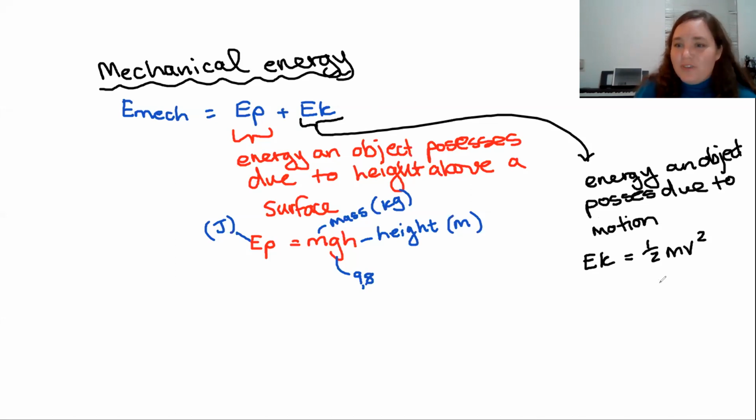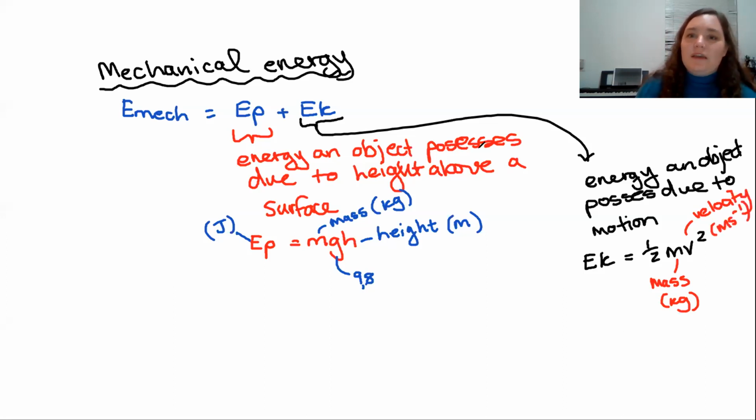All right, so over here, half is just a number. M is the mass measured in kilograms, and V is the velocity measured in meters per second. Now, one of the places where they can make this slightly harder is they can give you the velocity in kilometers per hour, and you all hopefully know how to convert from kilometers per hour back into meters per second.